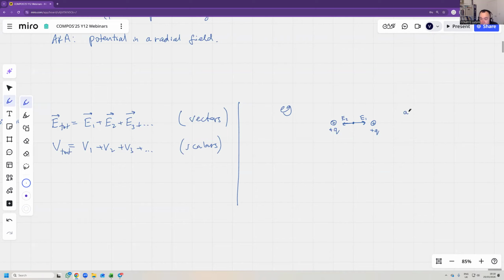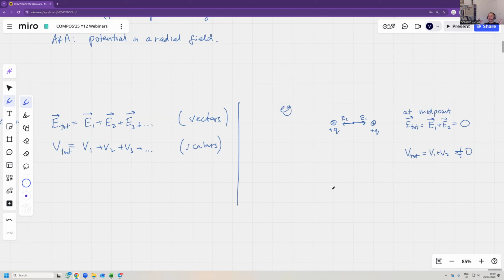At the midpoint, the total electric field is E1 plus E2, and because they are in opposite directions, it's 0. But if you do V total, it's V1 plus V2, and both of them are positive. So that's 2V1, greater than 0. It's not 0. That's what I'm trying to say.